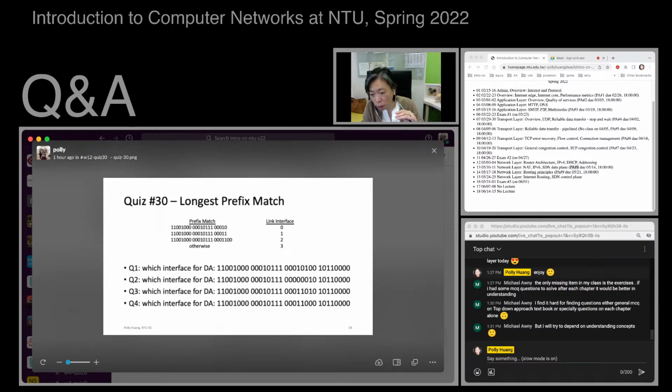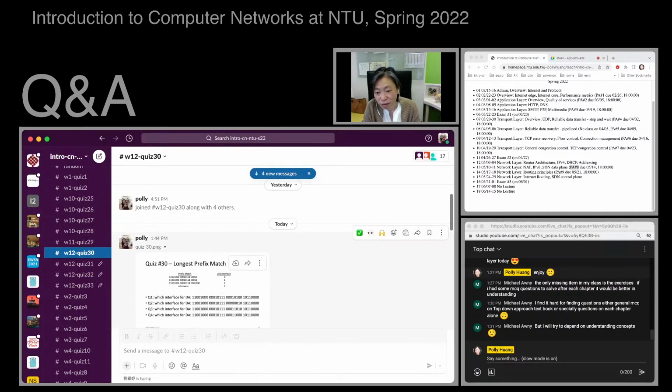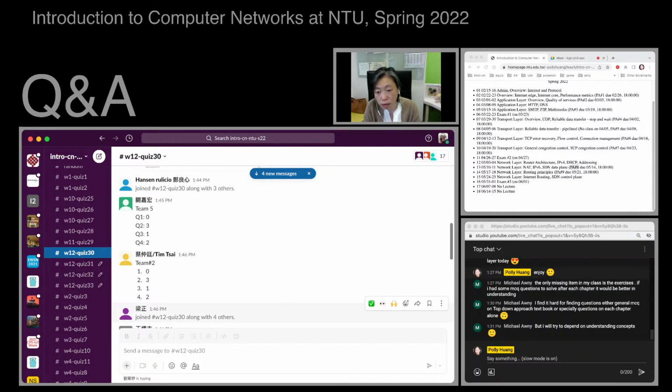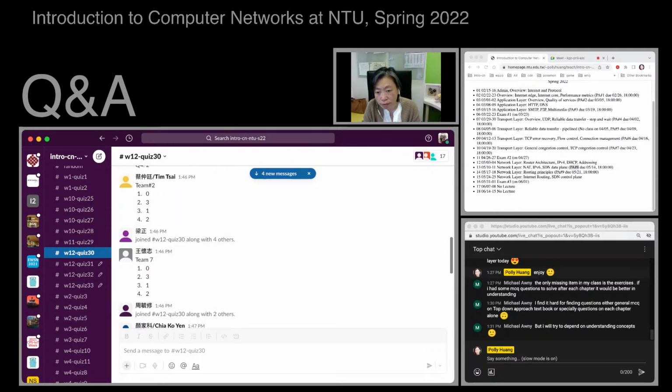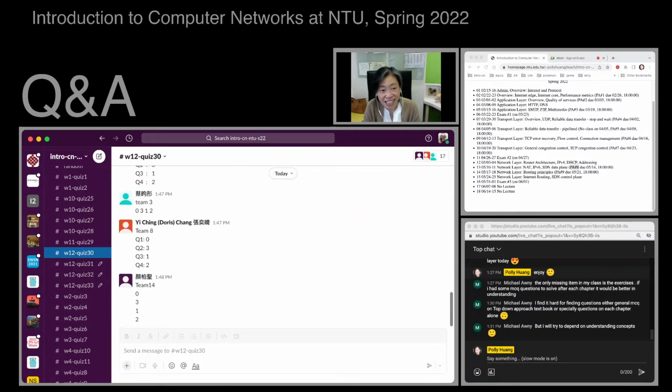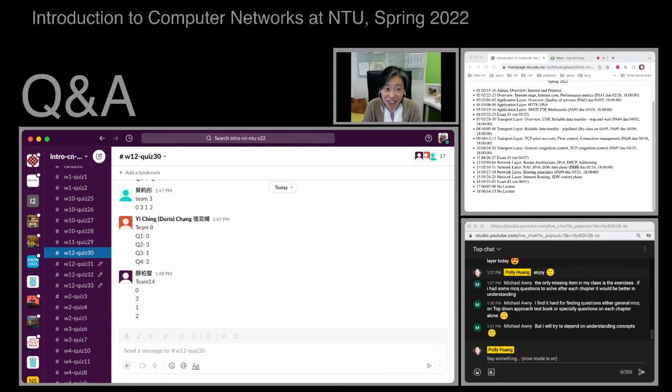So 0, 0, 0, 1, 1, and then 0, 1. So it doesn't match the third entry. Therefore, we take interface 1. The fourth entry, 0, 0, 0, 1, 1, 0, 0, matches perfectly. Therefore, we take interface 2. Okay. So for Q3 and Q4 should be 1 and 2. Very good. All right, so straightforward, longest prefix match.